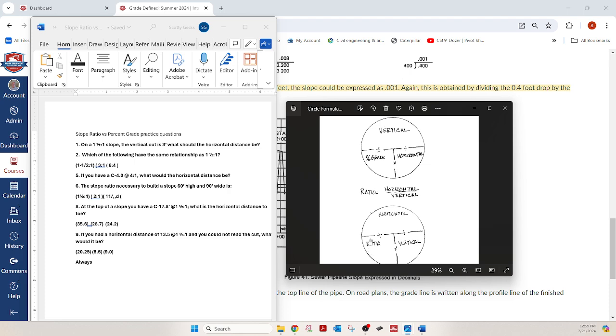What is the vertical? Do we know? 3 feet. So that's 3. So that's 1.5 times 3. That's about 9, isn't it? Something like that. 1.5 times 3 equals, no, 1.5 times, did I say the cut was 3?